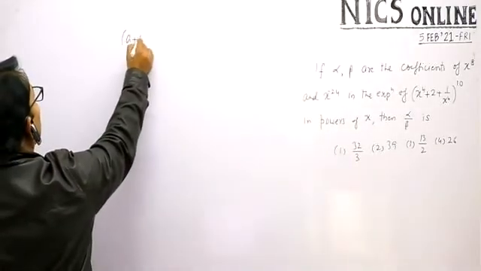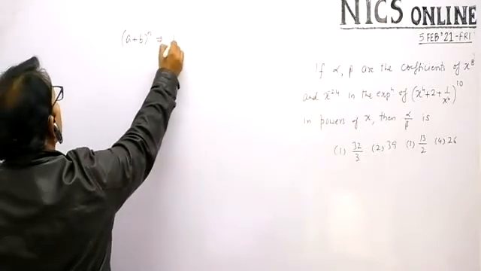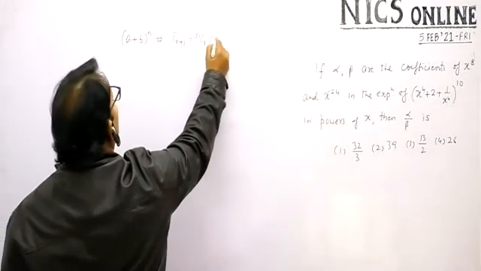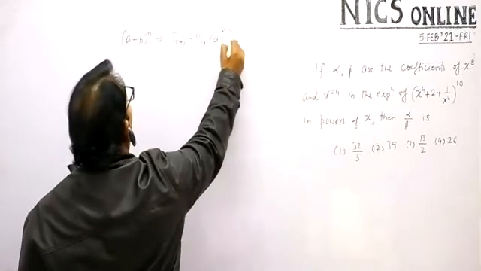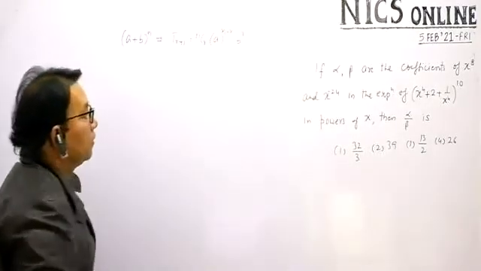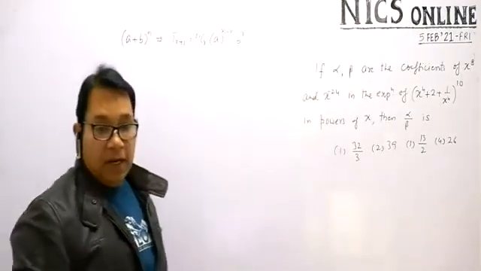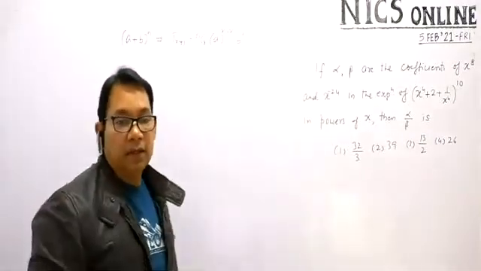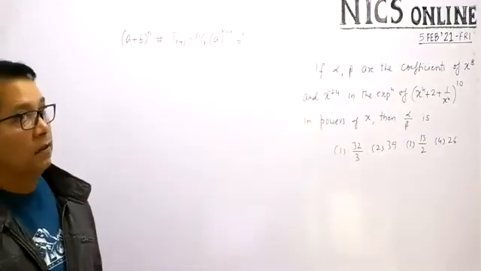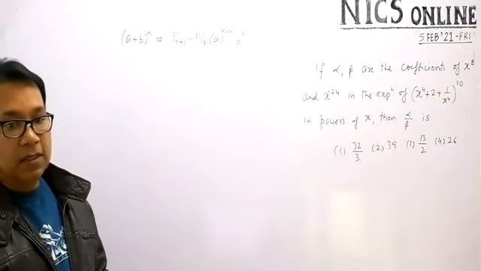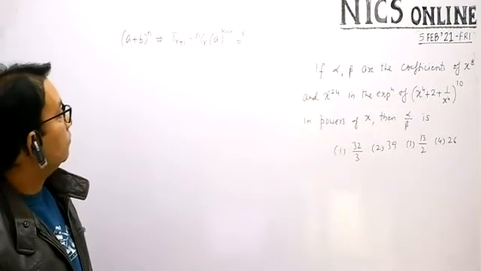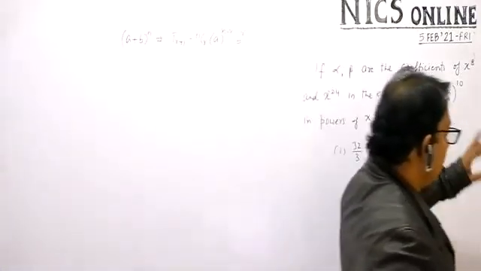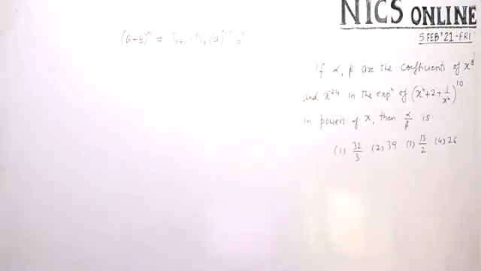Binomial, as you know, there are two terms, and the general term of binomial is nCr, a to the power n minus r and b to the power r, है ना? ये जनरल टर्म होती है. लेकिन जो हमें ब्रैकेट में टर्म दी है, it is basically trinomial. तीन टर्म्स इसमें, तो सबसे पहले इसको बाइनोमियल में कन्वर्ट करना पड़ेगा. This you need to convert into binomial.